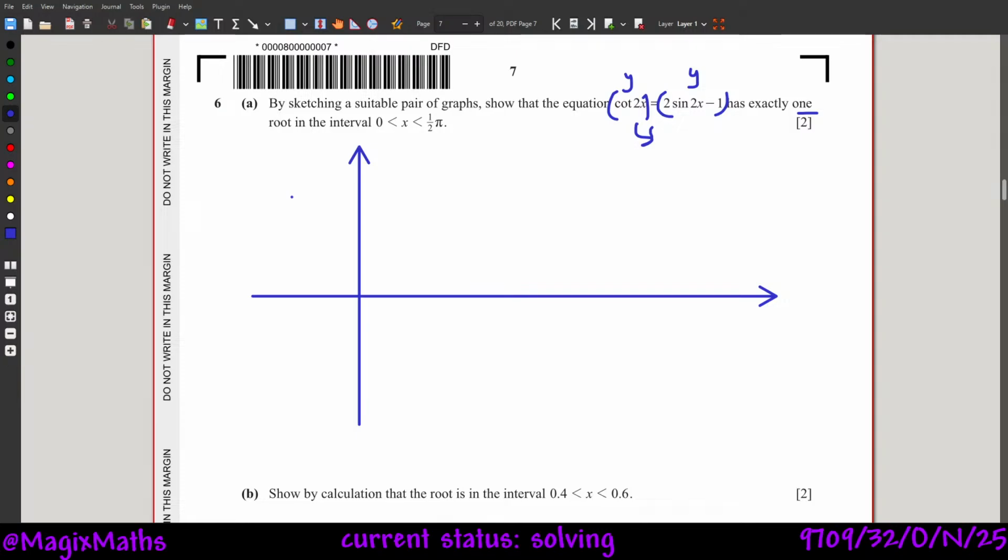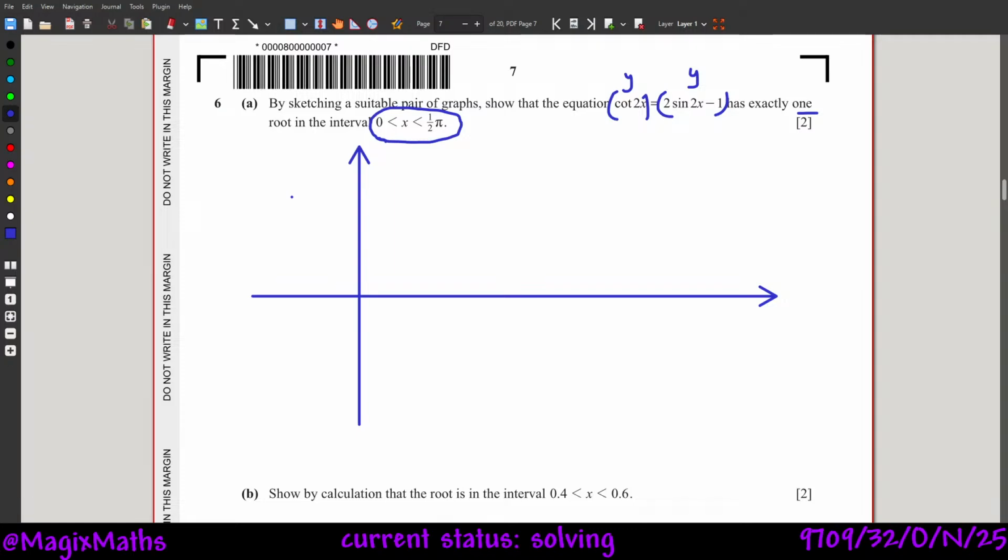So we'll want to draw the graph of cot 2x and then draw the graph of 2 sine 2x minus 1. I think an easy approach would be to first draw the second one, and then make sure that our domain is inside the given condition.